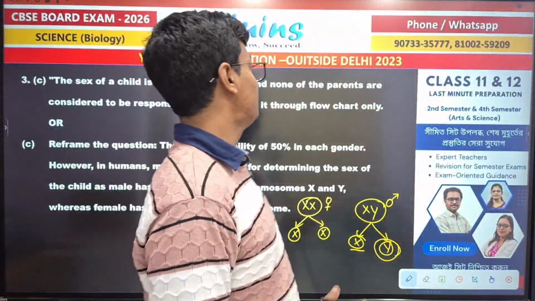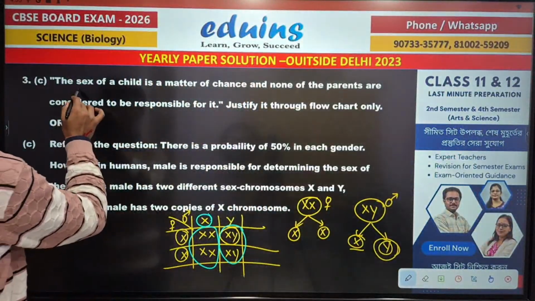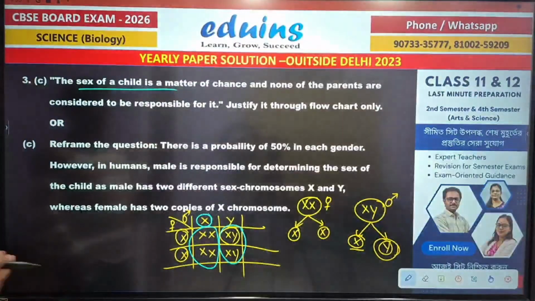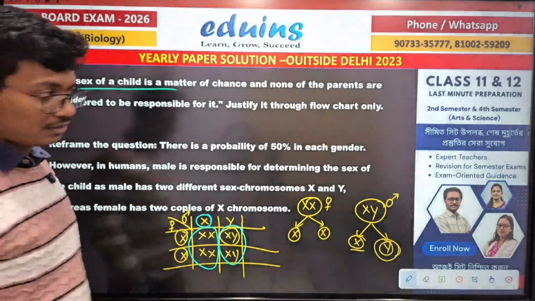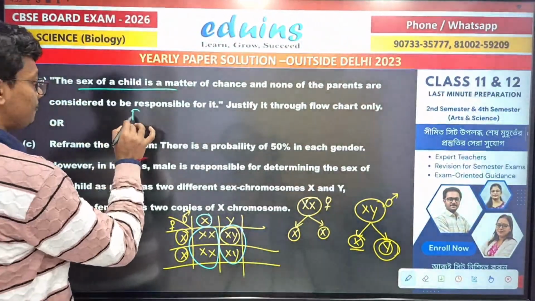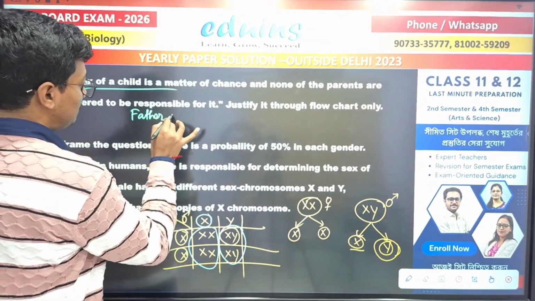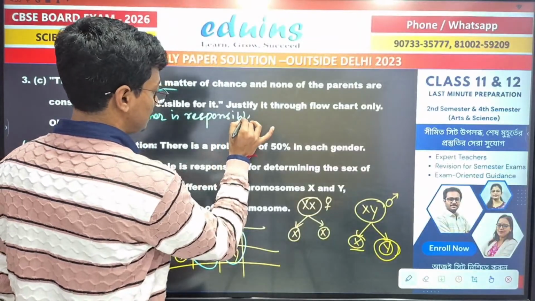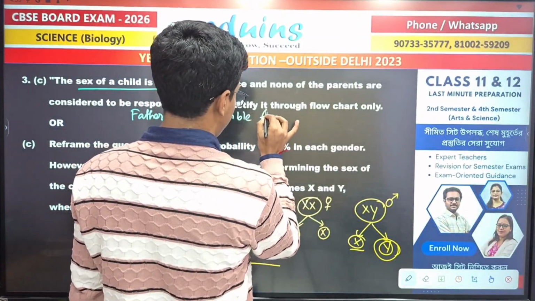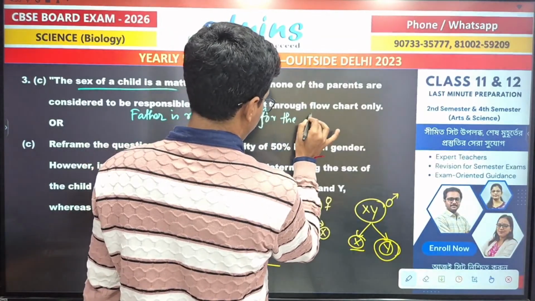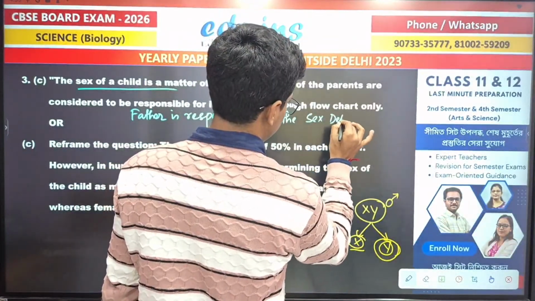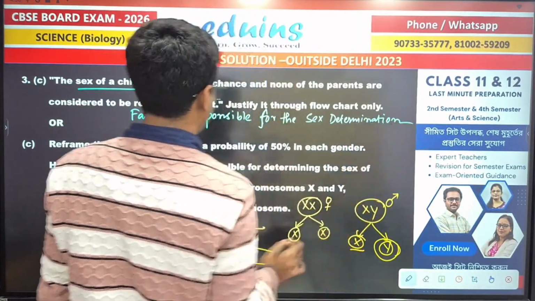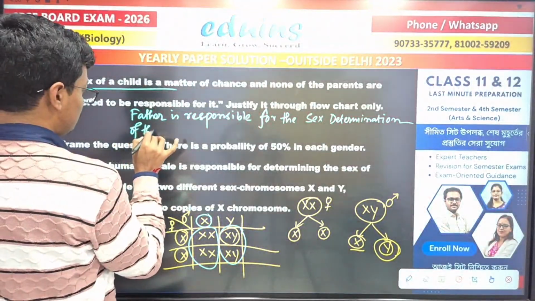So in case of sex determination in humans, the responsible parent is the father. So the father is responsible for the sex determination of the child.